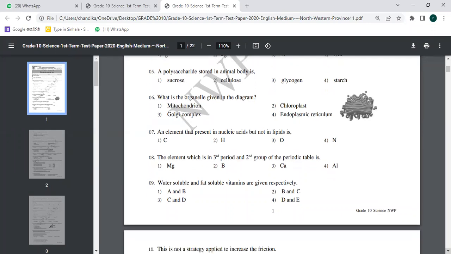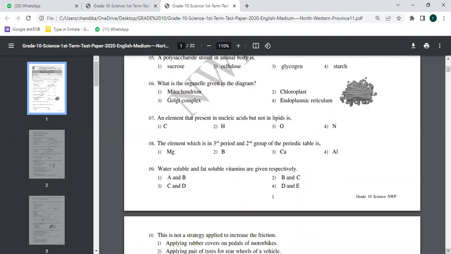And question 6. What is the organelle given in the diagram? Golgi complex. Yeah, Golgi complex is correct. One question: how can you detect it as Golgi complex, not endoplasmic reticulum? How can you separate the Golgi complex from endoplasmic reticulum?